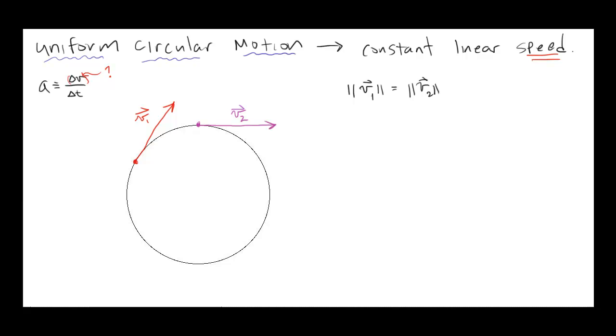What I'm going to do, and this isn't really a proof but it's a nice visual demonstration, is redraw this vector arrow to the best of my ability over here. So that's V1. Then I'm going to draw this vector arrow so that they are tail to tail. It's not that good, is it?